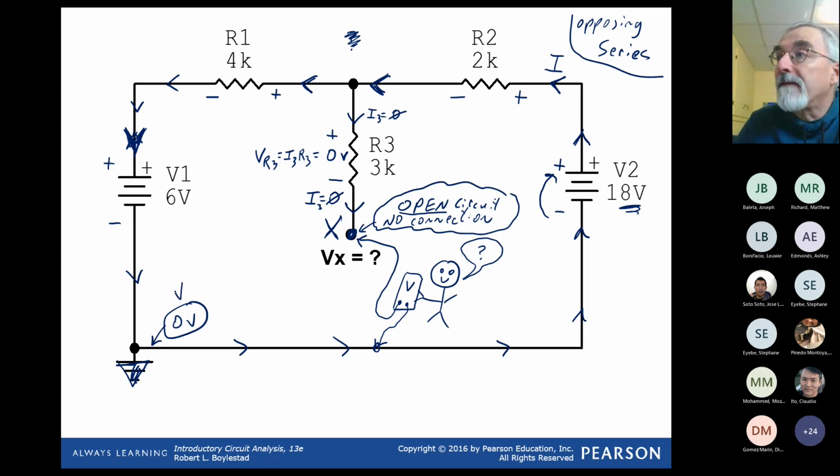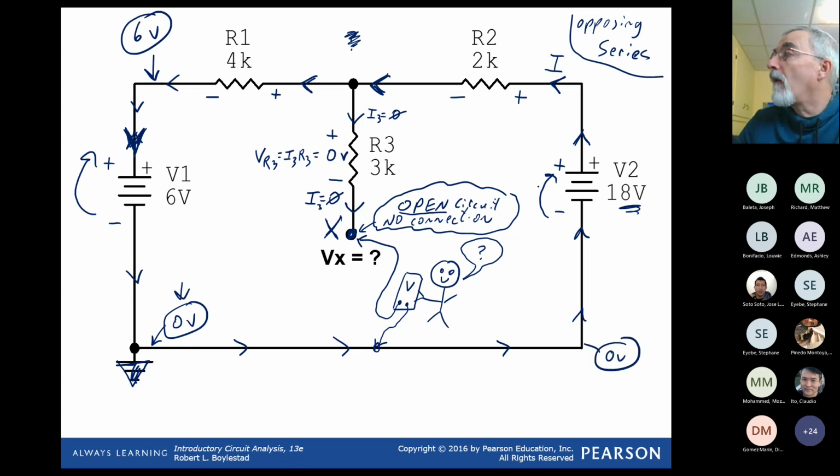If I start at 0 and go up 6, this point must be at 6 volts. If I start at 0 and go up 18, this point must be at 18 volts. And I can see here that from the 6 volts to the 18 volts is dropped how much voltage?